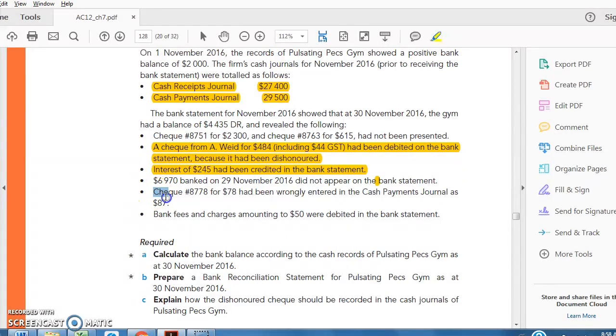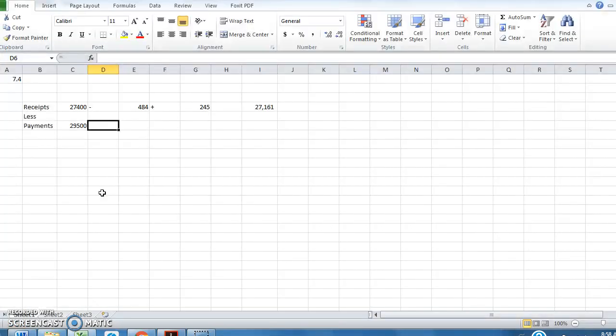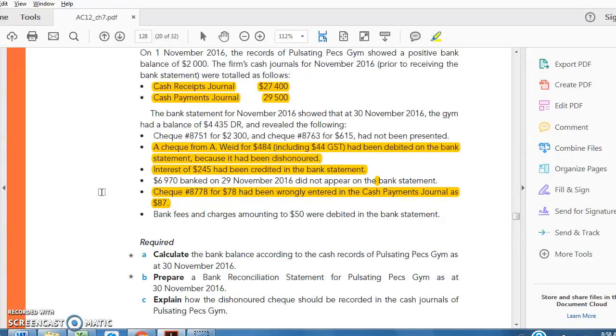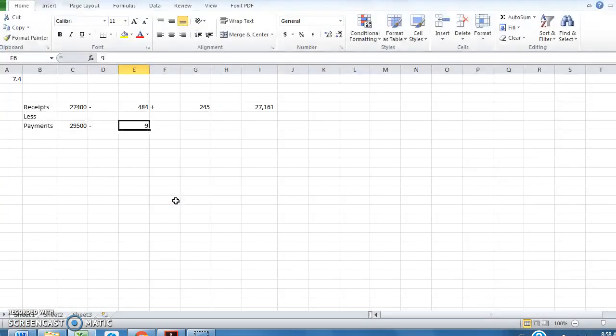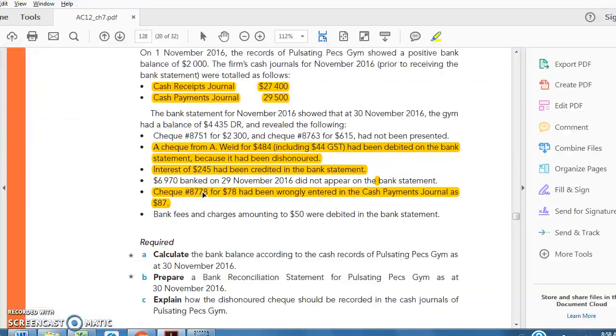So check 8778 for $78 has been wrongly entered in the cash payments journal as $87. So we need to actually take away this $9 as we've over accounted for, we've just manually entered in the wrong amount. And there is one other we need to include in here.